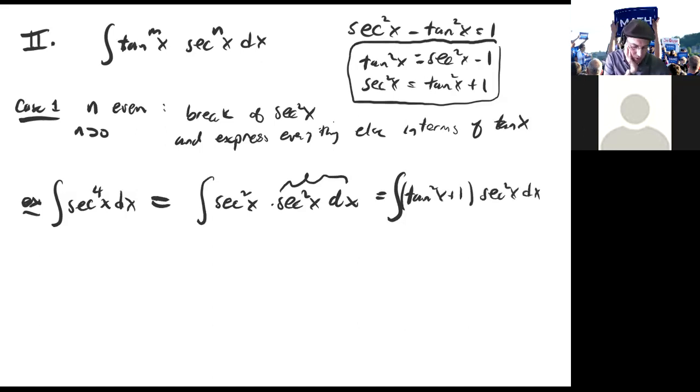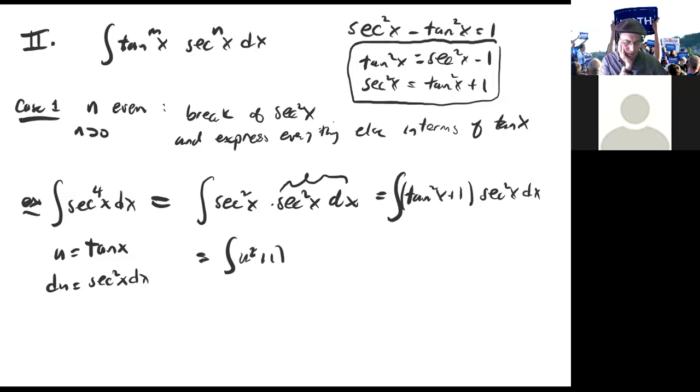And then you have to remember that the derivative of the tangent function is secant squared. So let's let u be tangent x, and then du is secant squared x dx. So this becomes the integral of u squared plus 1 times du, which is u cubed over 3 plus u plus c.